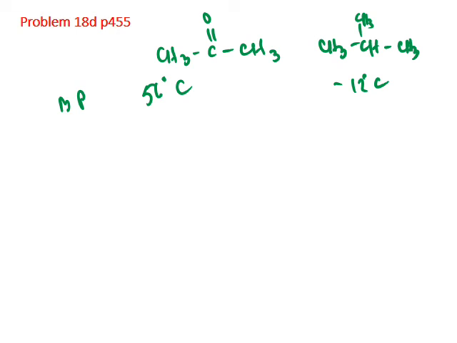So with 3 domains, you'd expect sp2 hybridization, and that goes with a 120 degree angle. Let's draw it. So C double bond O, CH3 on this end, CH3 on the other end, bonded through carbon, and these are 120-degree angles.